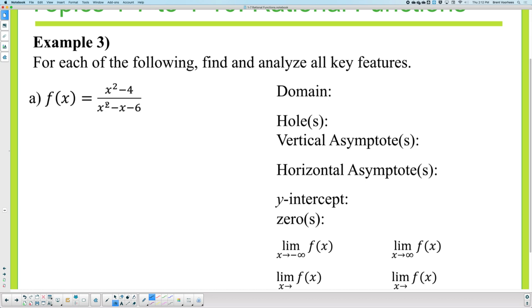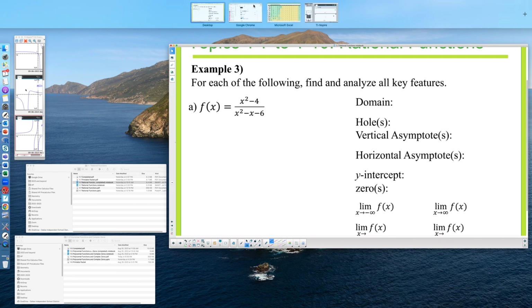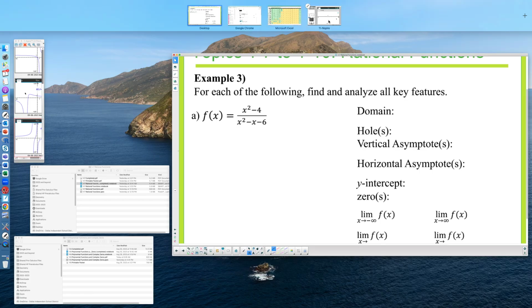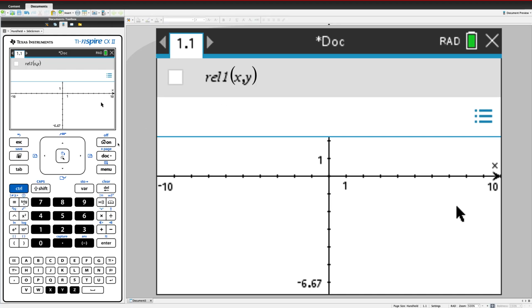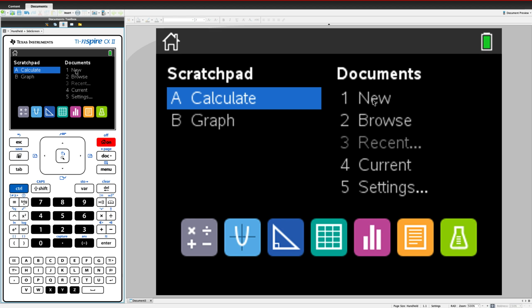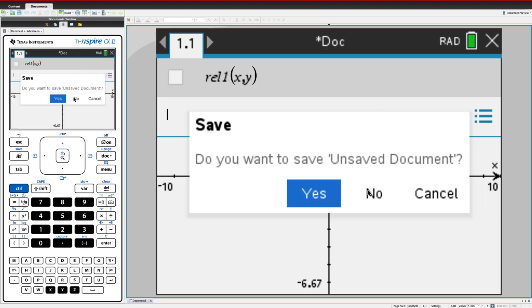Okay, so let's first go graph this. Open up your Inspires. x squared minus 4 divided by x squared minus x minus 6. That's the function f that we're going to graph. Wrong one, Kevin. Inspire.